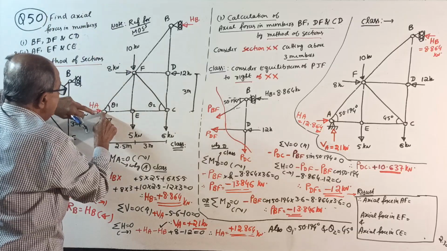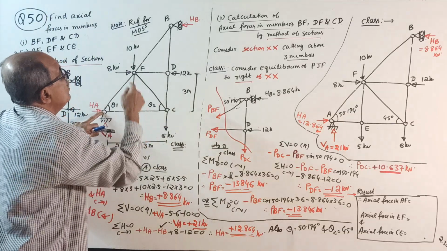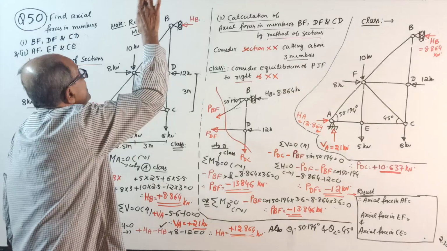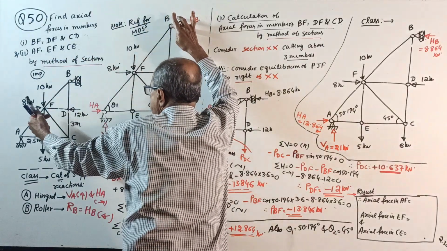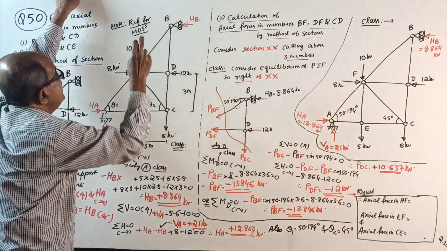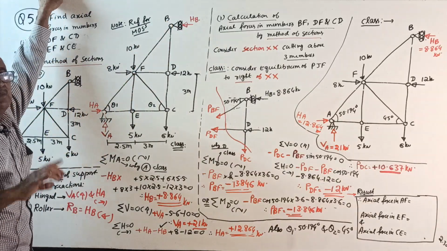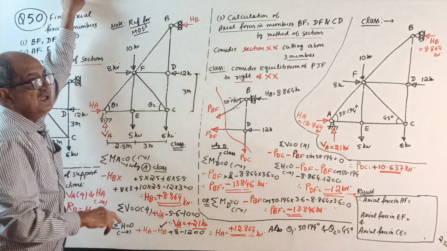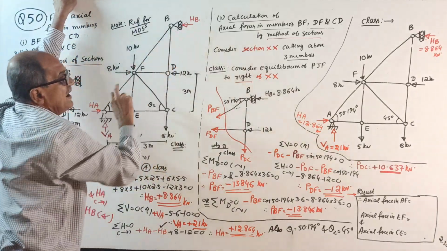If I take moment about A, VA into 0, HA into 0, you get the value of HB. But if you take moment about B, VA and HA will come, one equation will come. When you make sigma V equal to 0, VA will come. When you make sigma H equal to 0, HA and HB will be connected.